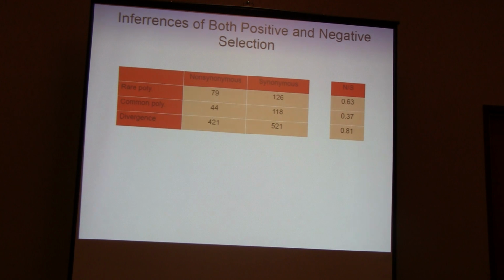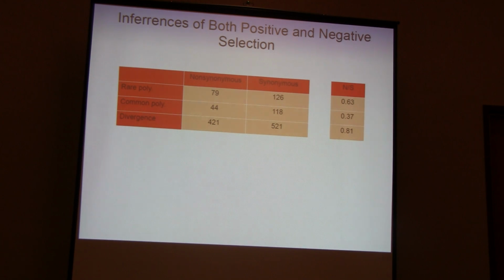Of course, in many organisms, probably both deleterious mutations and advantageous mutations occur. So both are going on, and because both are going on, both polymorphism is elevated and divergence is elevated.